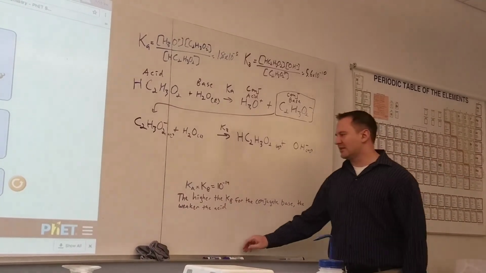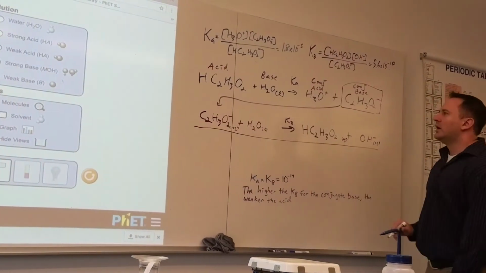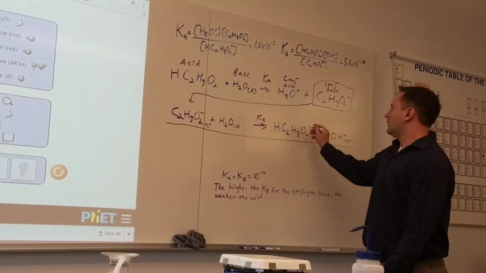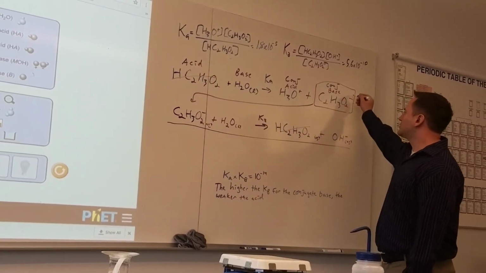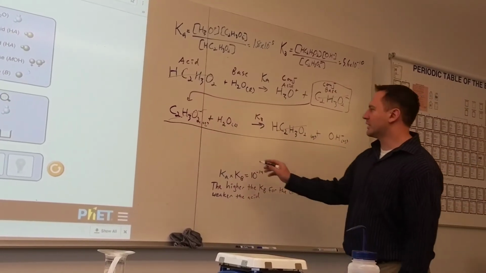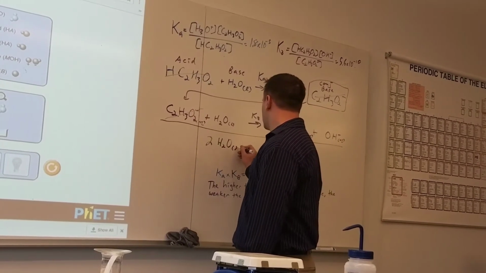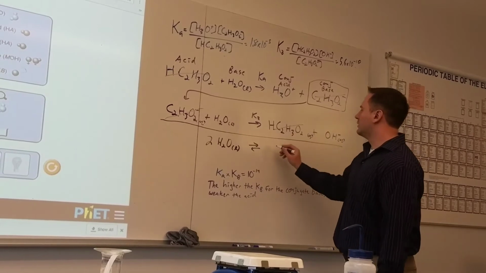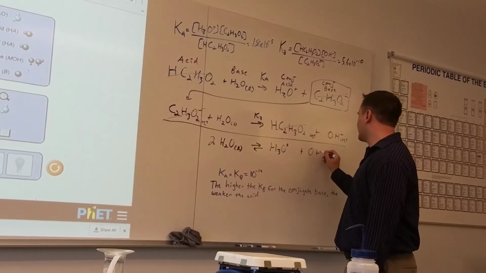Now, why can we say that that's going to happen? Well, if we combine these equations and we cancel out species that appear on both sides, which is what you would do, the acetic acid appears on both sides. The conjugate base appears on both sides. And what you end up with as a resulting equation is two waters producing H3O plus and the hydroxide ion.